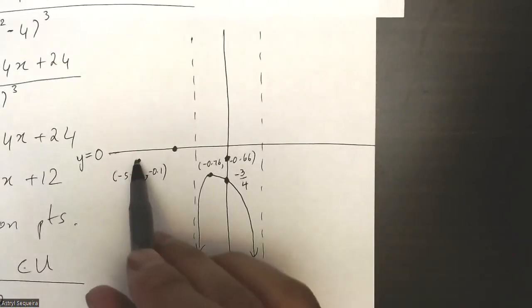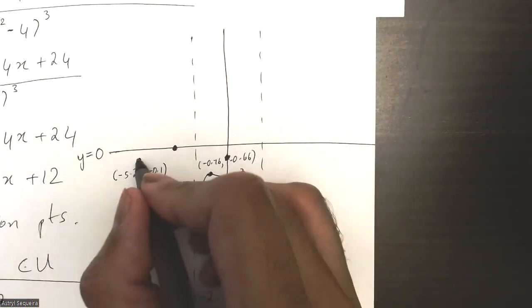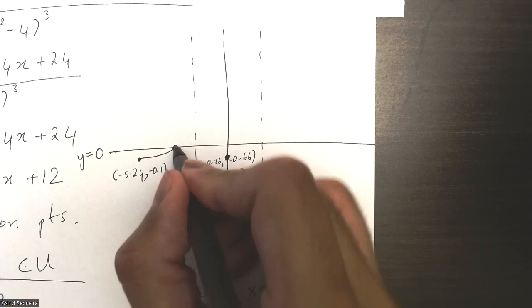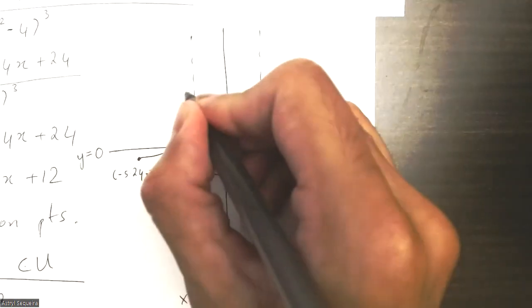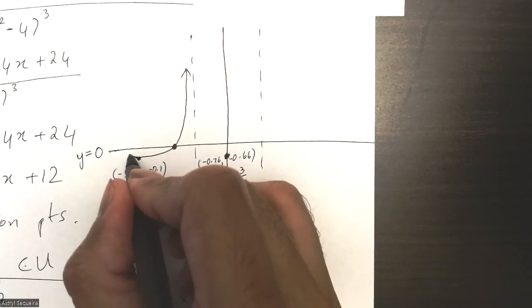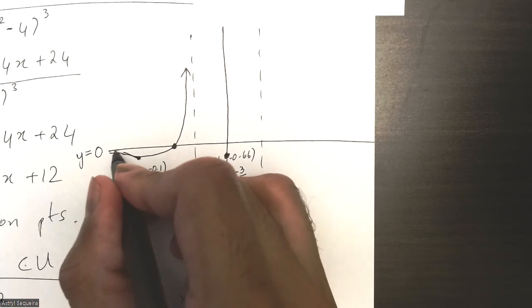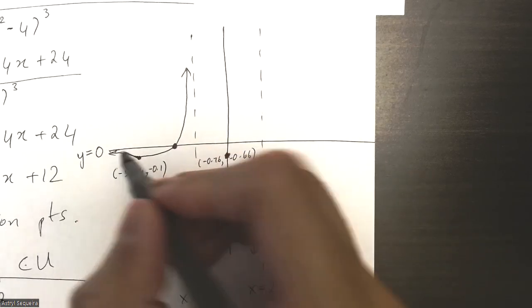I know this is a minimum, but I also have a horizontal asymptote here. So this is going to look like this, and then it's going to come up over here, and then it's going to look like this. There actually is an inflection point somewhere over here.